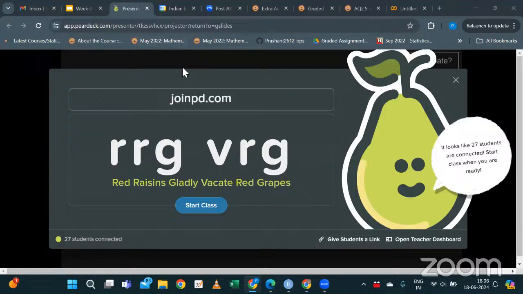So those who are facing difficulty, let me repeat the procedure. Just open your browser and write joinpd.com. Once you write joinpd.com, after that you have to enter this code, RRG VRG.